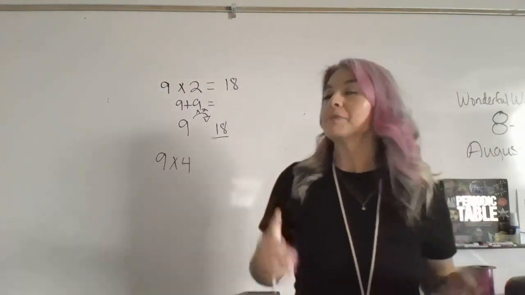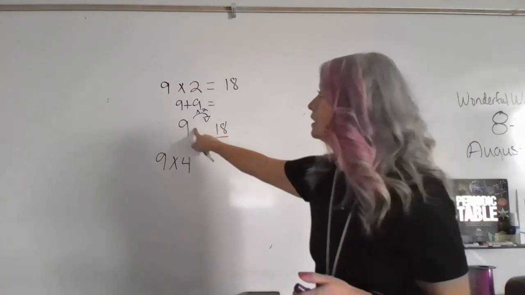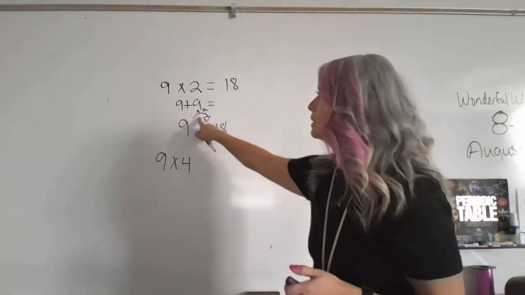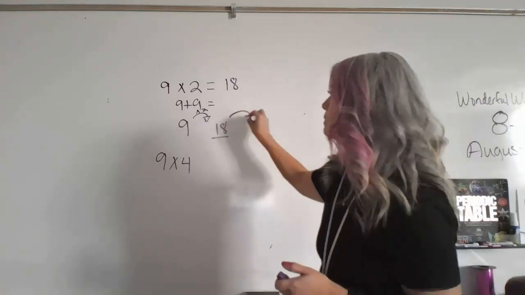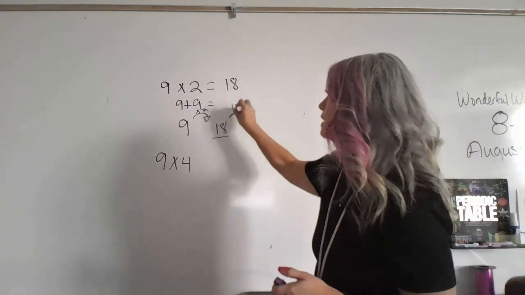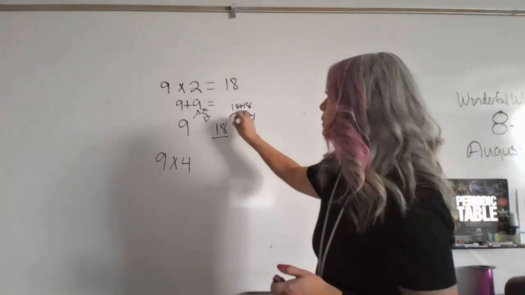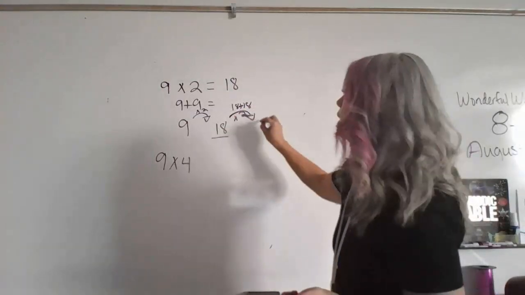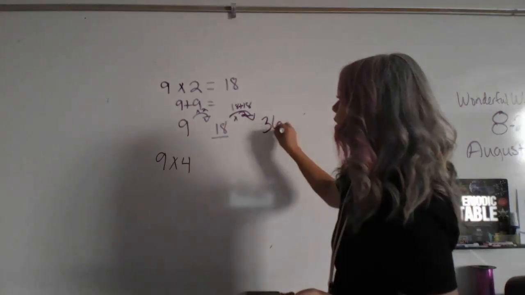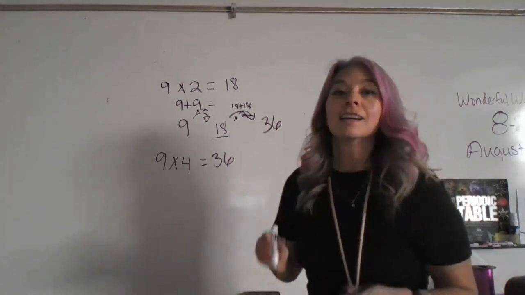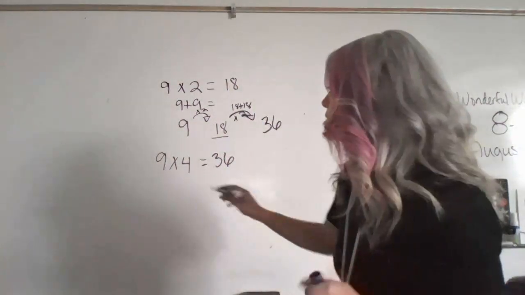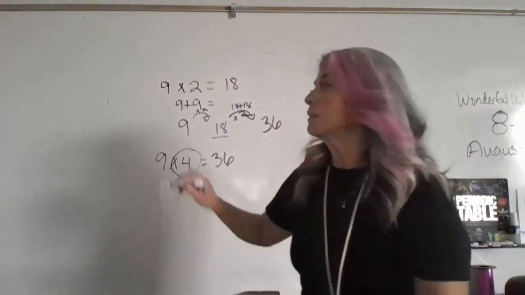I start with 9, double it, so 9 plus 9 is 18, and then I double 18. So I have 18 plus 18, which is 18 times 2, and that is 36. So I know that 9 times 4 is 36. That's when I'm multiplying facts times 4.